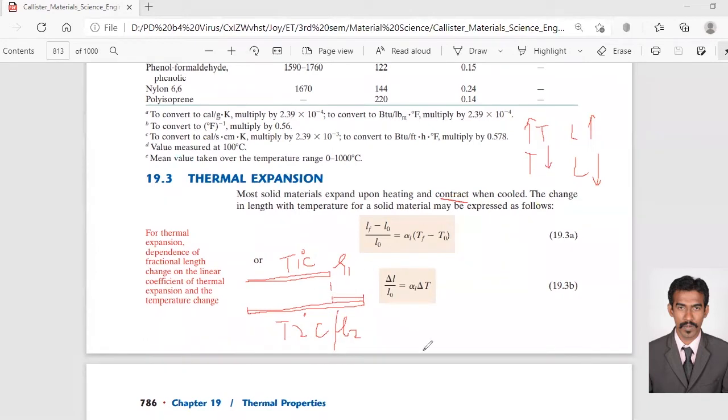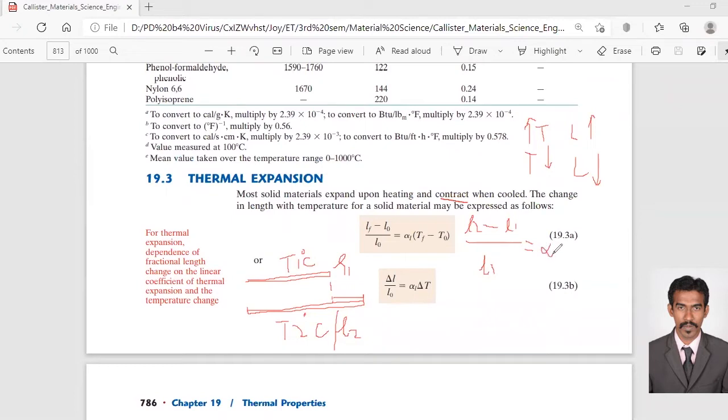When you put these terms into this equation, LF is the final length, that is L2. L naught is the initial length, which is L1. So (L2 minus L1) upon L1 equals alpha.